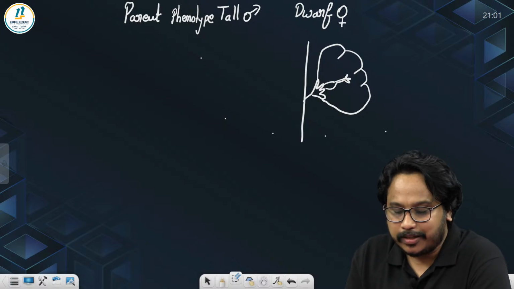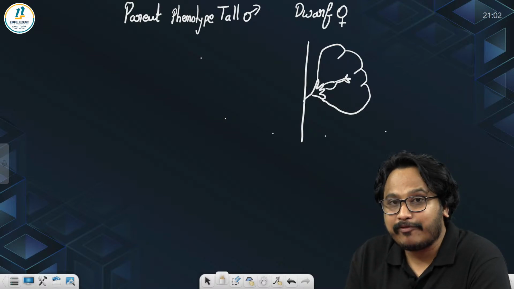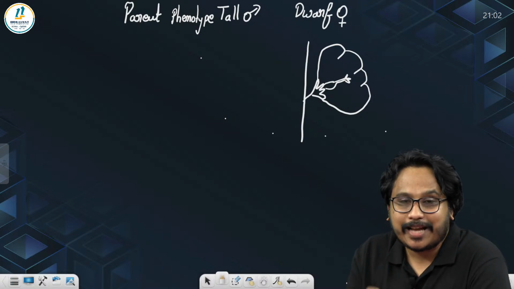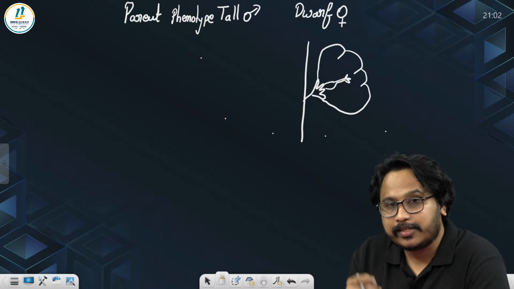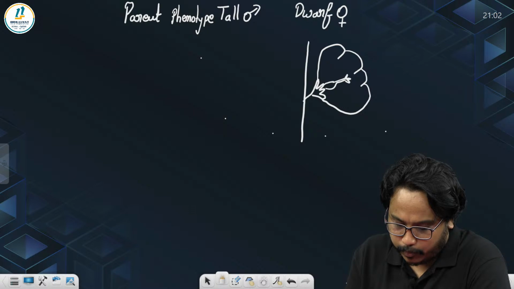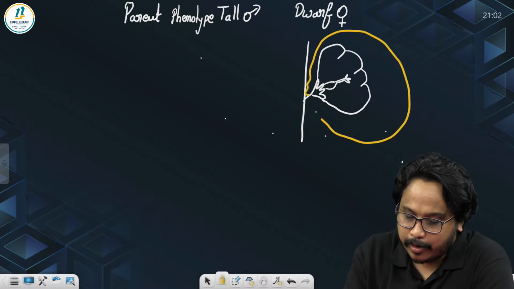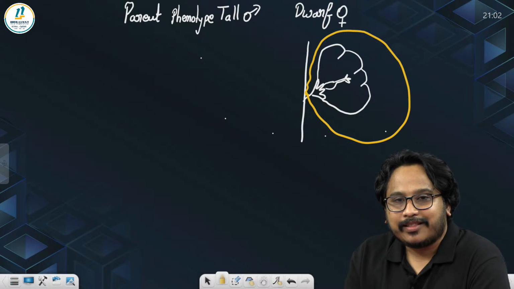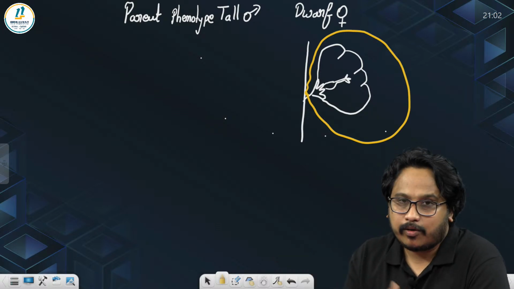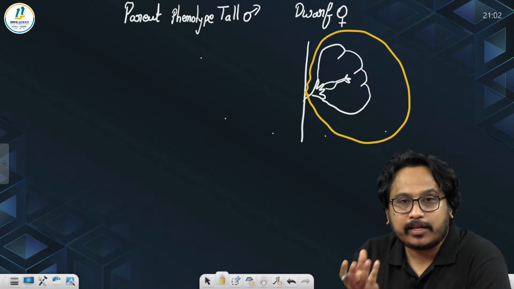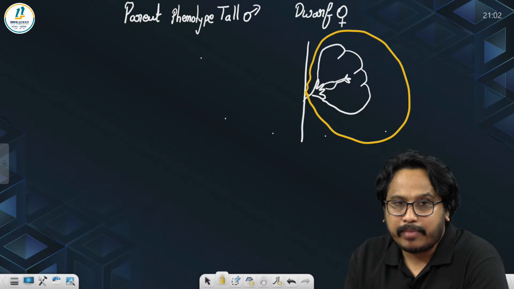There is a purpose of doing this emasculation in the dwarf plant: in order to avoid self-pollination. He wanted to get an accurate result of these two parents. That is the reason he removed the stamen in the bud stage. Second, he put a polythene bag around this flower, to avoid cross-pollination from unwanted plants until the pistil matures.